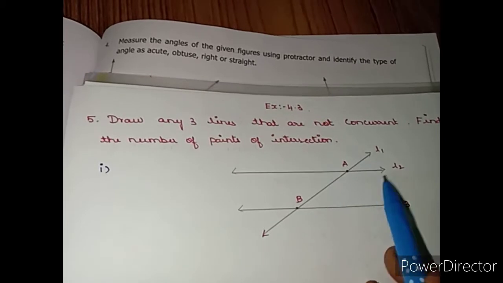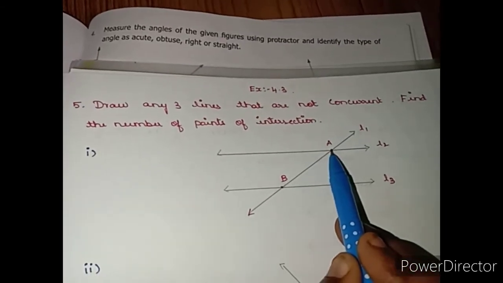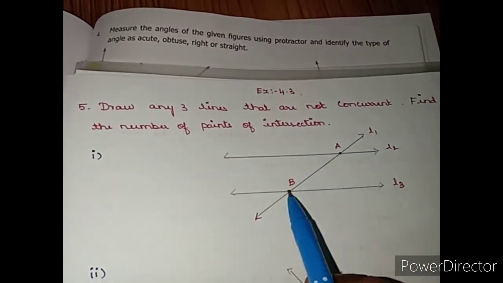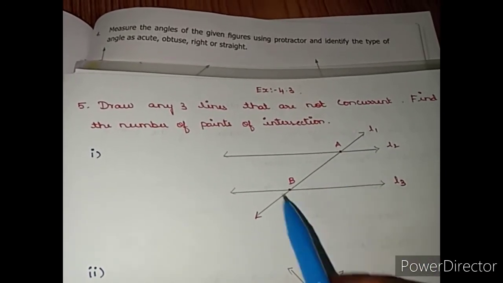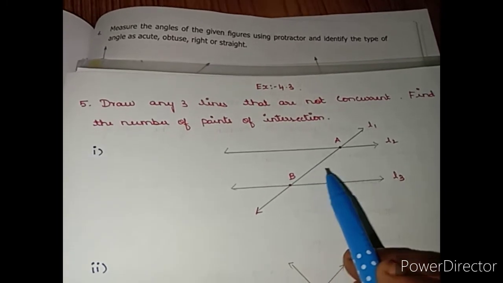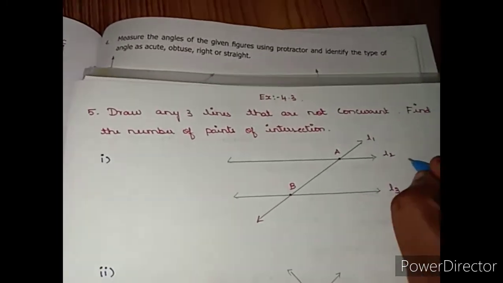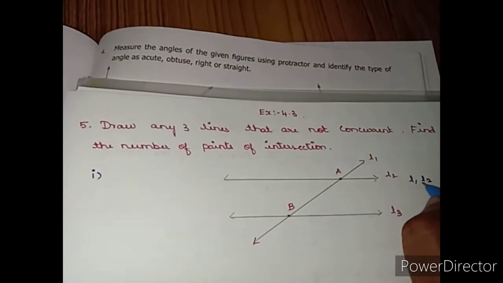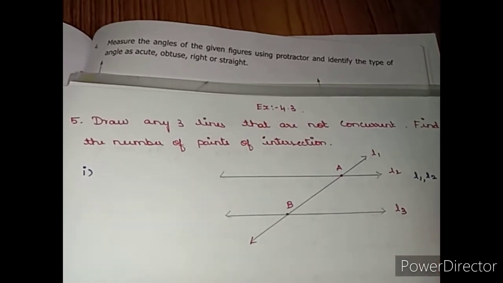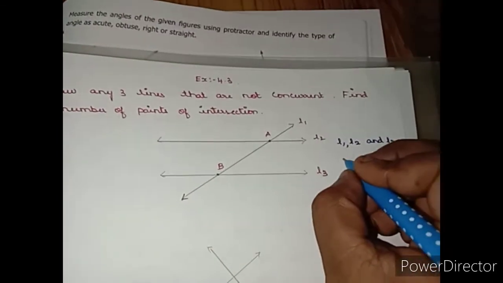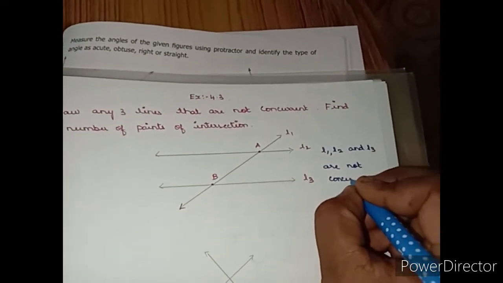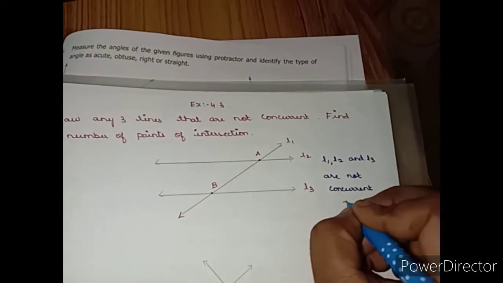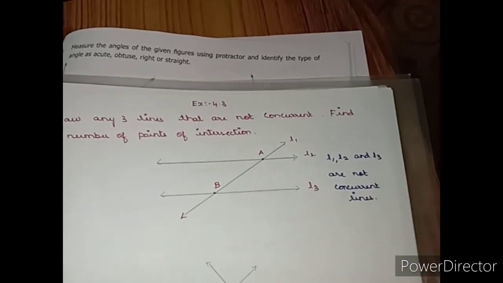See here, L1 and L2 are meeting in point A, but L1 and L3 are meeting in B. But L1, L2, L3 are not meeting in the same point. So what is the conclusion? L1, L2 and L3 are not concurrent lines.